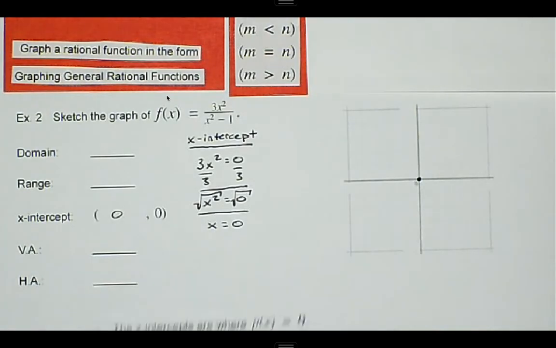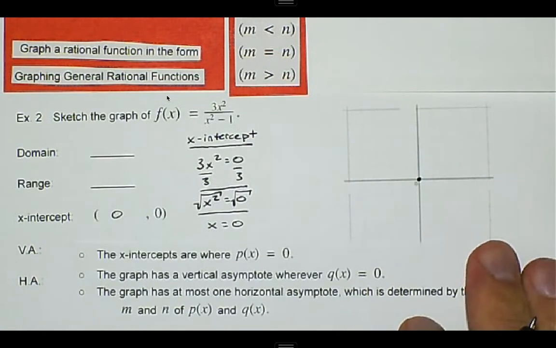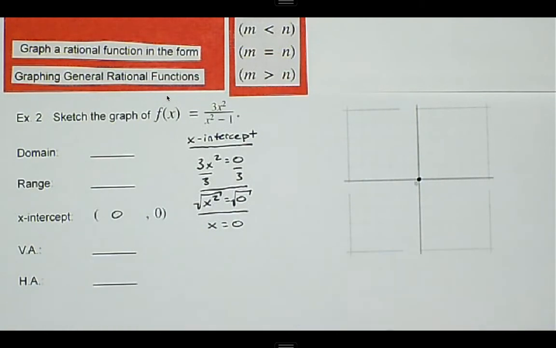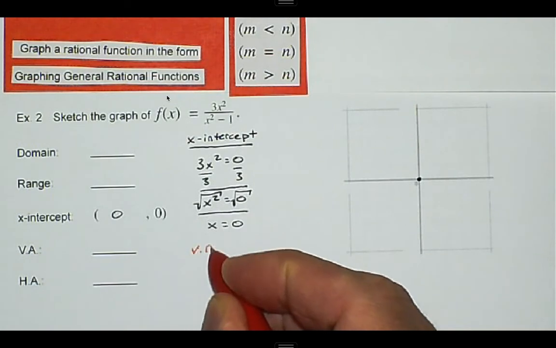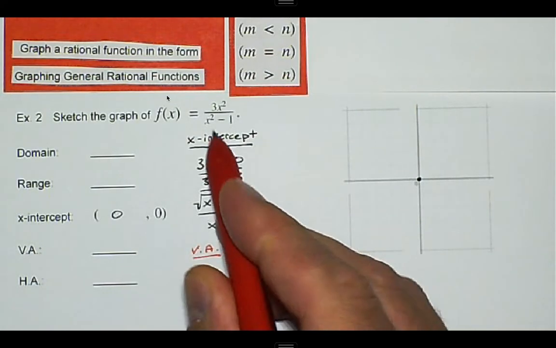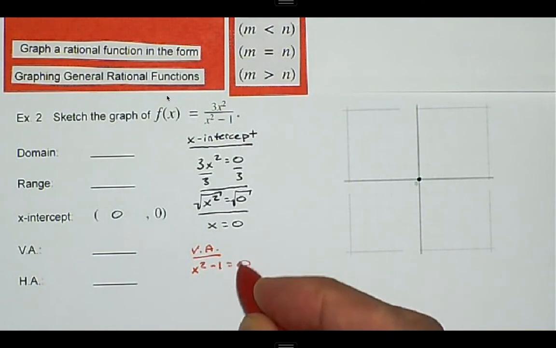The next thing that we want to look at is we want to try to find any vertical asymptotes, or where the denominator is equal to 0. So here, we want to calculate our vertical asymptote, whatever the denominator is. So we have x squared minus 1 equals 0.